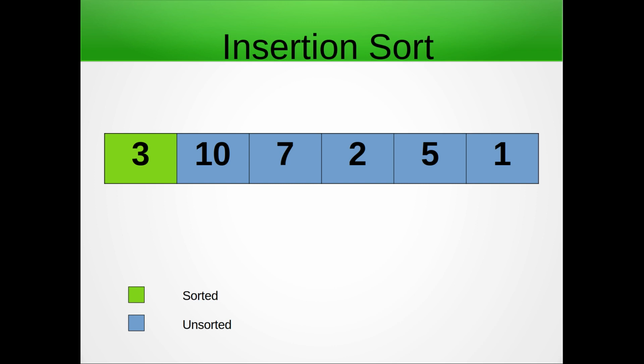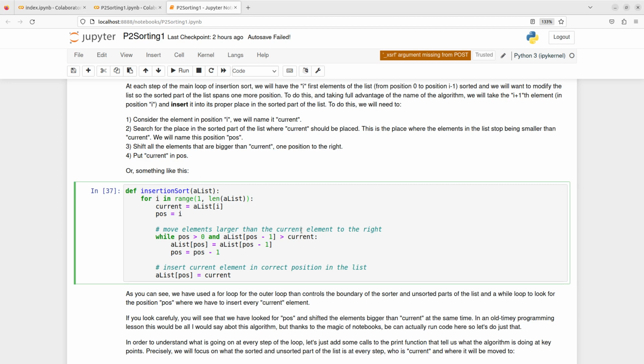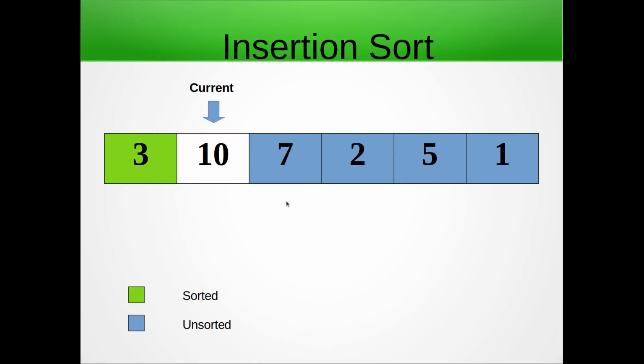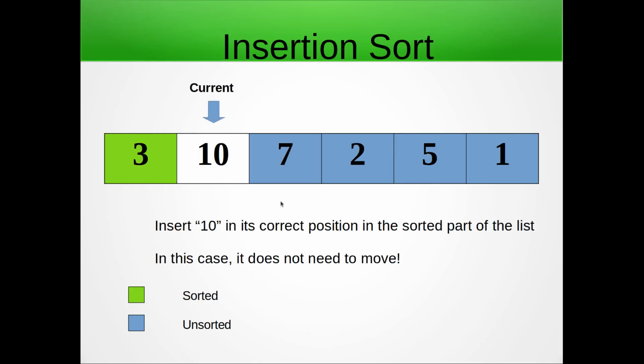In the second step, value i equals 1, I get that current is here in this position 1 with element 10. So i in this case is 1, I'm in position 1, and my current element is 10.